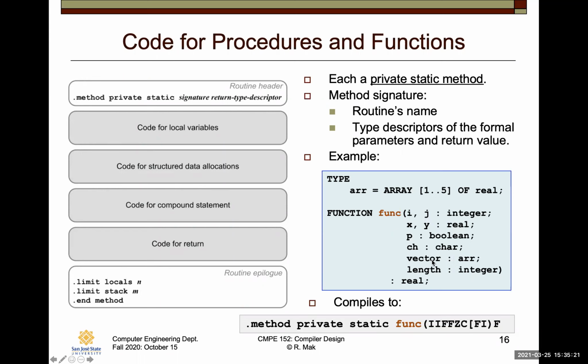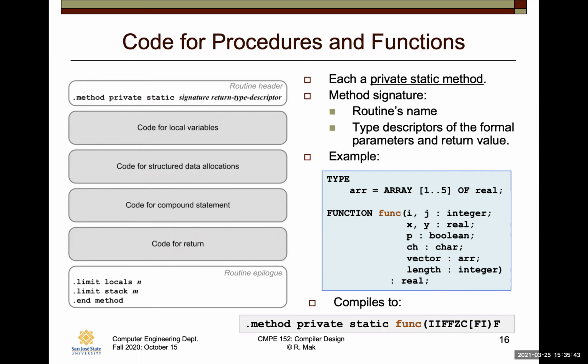We have a vector, and vector is an array of real, and so we have the square bracket and F. And then finally, we have an integer, that's the I here, and this whole function returns a real, and so that's the F here for float.